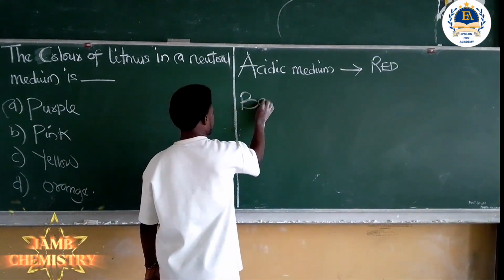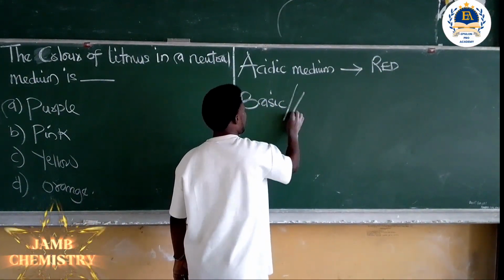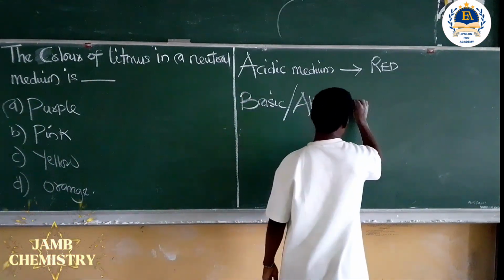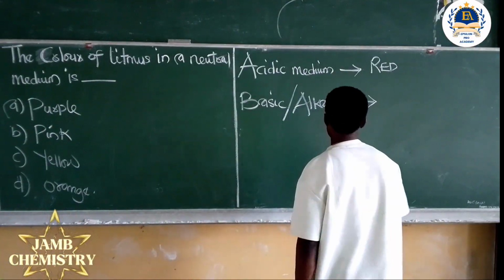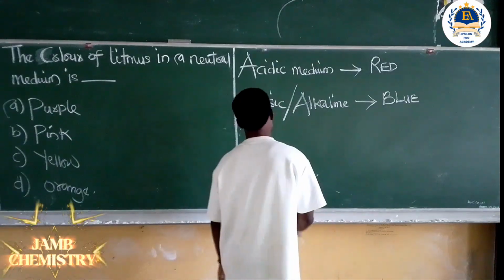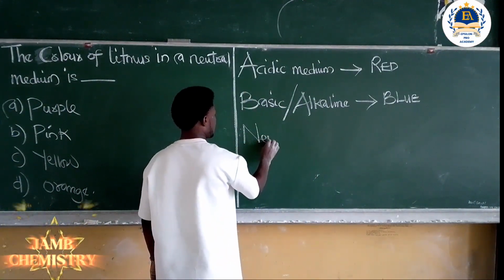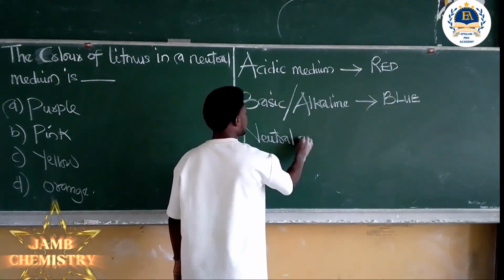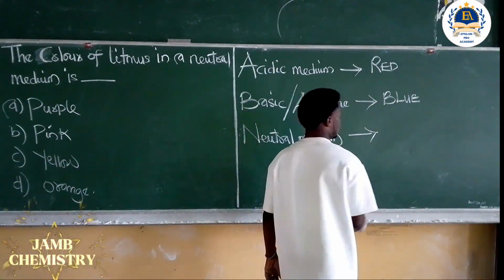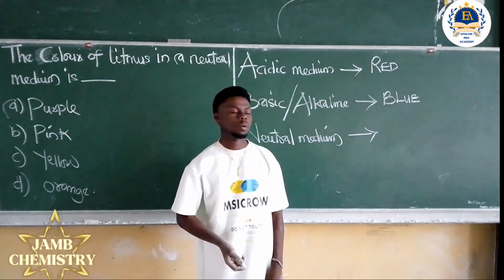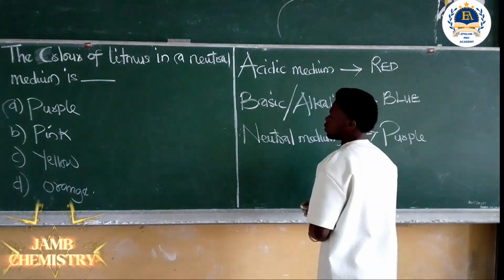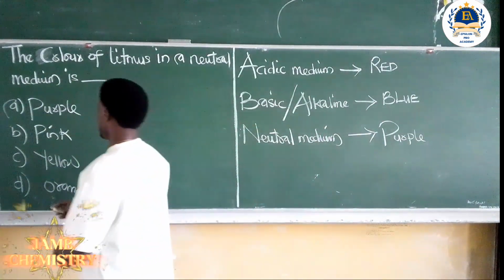In basic or alkaline medium, the color of litmus paper is blue. Then in neutral medium, the color of litmus is purple. So the correct option on the board is option A, purple.